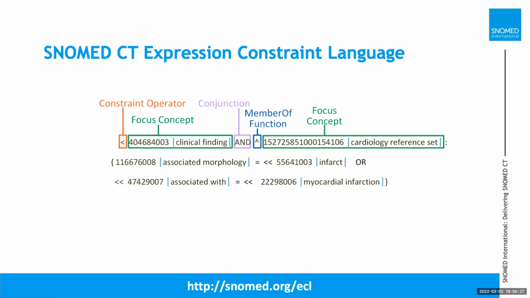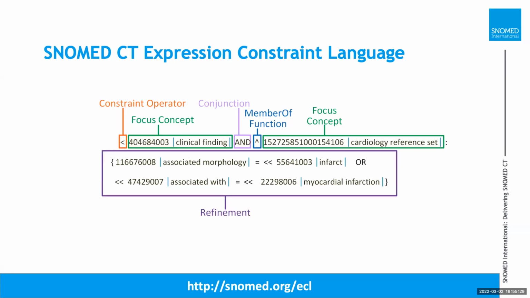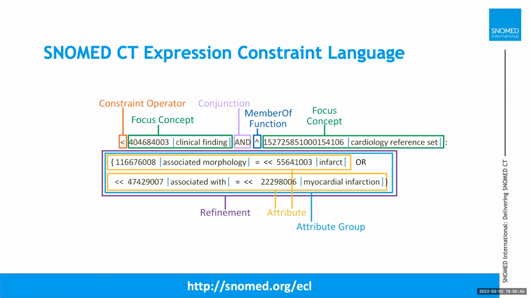You can use conjunction, disjunction. You can have a refinement, which uses the attribute relationships, so you have attributes with both a type and a target. And you can also specify groups of relationships that you want to match against.